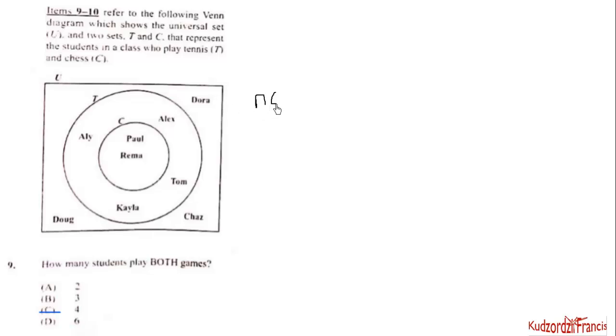Number of U is equal to 1, 2, 3, 4, 5, 6, 7, 8, 9. So it will be 9.